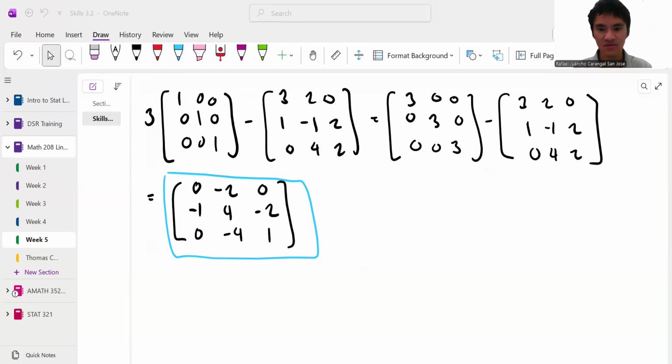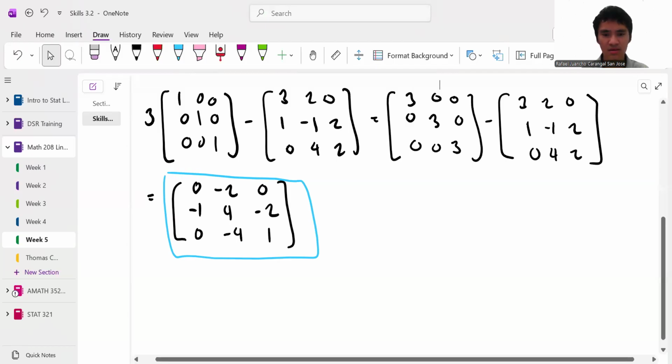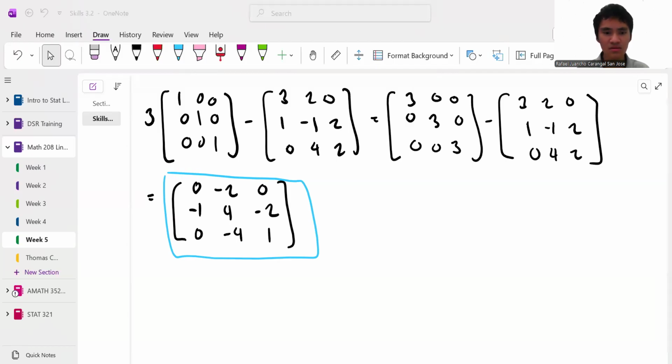Negative 1, 4, negative 2, 0, negative 4, negative 1, and I think that should be good. Nice.